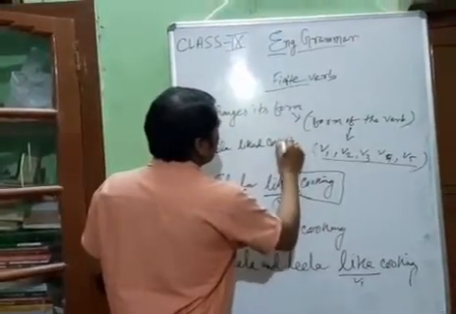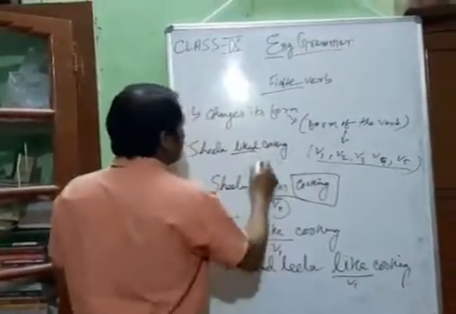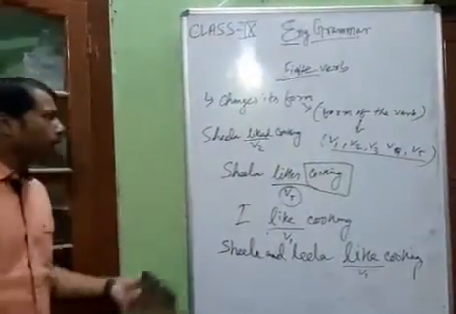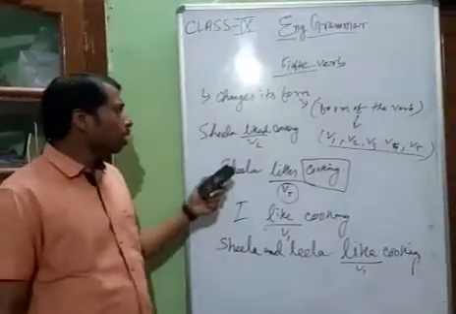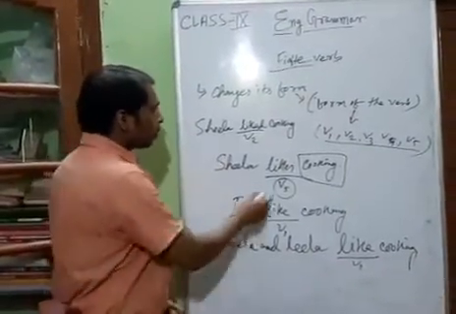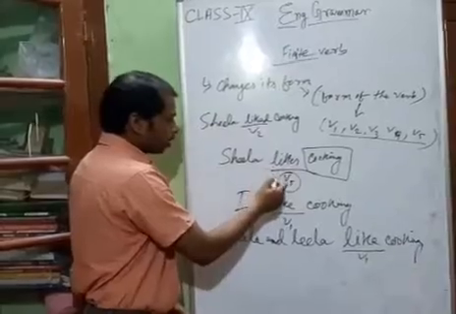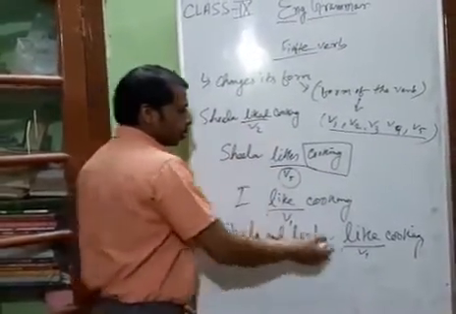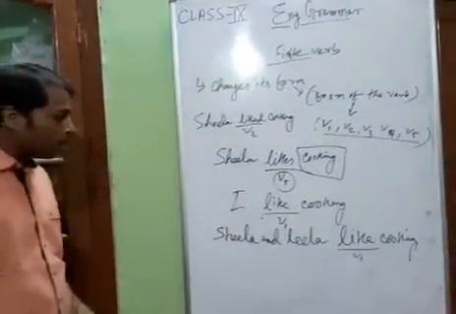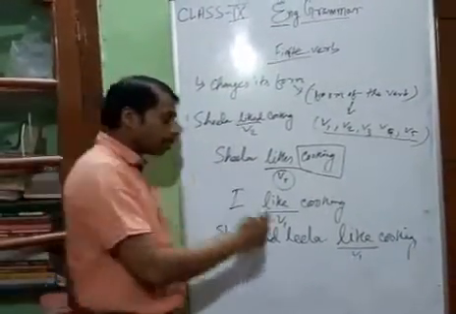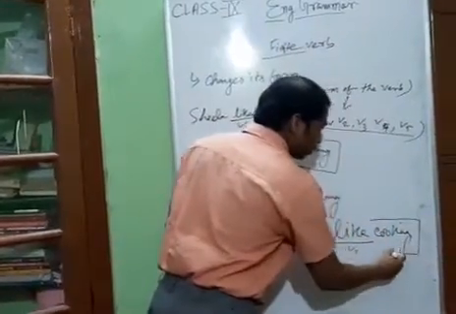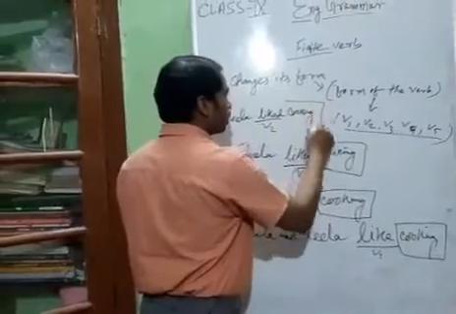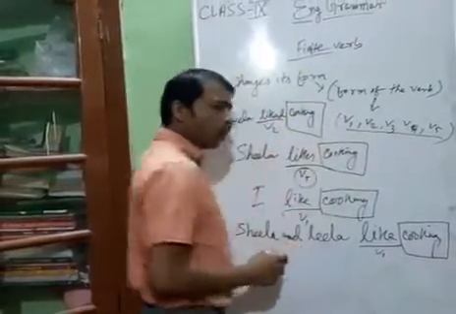Now see, in every aspect, we are finding the form of the verb is changing. Likes became like here. So it is changing. But notice there is one more verb in this sentence, that is cook plus ing, cooking. This is V4.